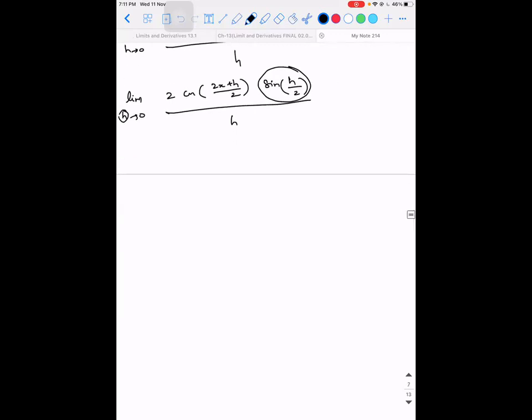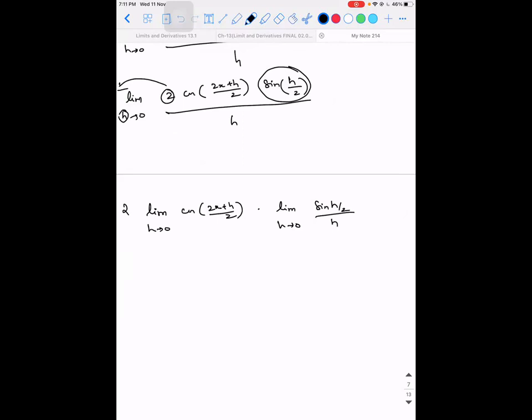So what I'm trying to say is this 2 will come out of the limit. It's a constant. So 2 into... Should be h by 2, sir. Yes, we will see that. Cos of (2x plus h) by 2 into limit h tends to 0, sin h by 2 divided by h. Right?